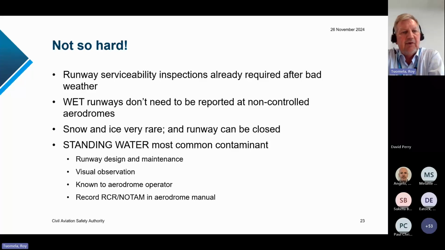And standing water is our most common contaminant, and we have runway design and maintenance requirements that sort of prevent that from happening. Visual observation is acceptable, so you don't need fancy measuring equipment. Standing water on a runway should be known to an aerodrome operator, and you can record the RCR and NOTAM in your aerodrome manual, so you've got ready access to that if runway surface contamination occurs.